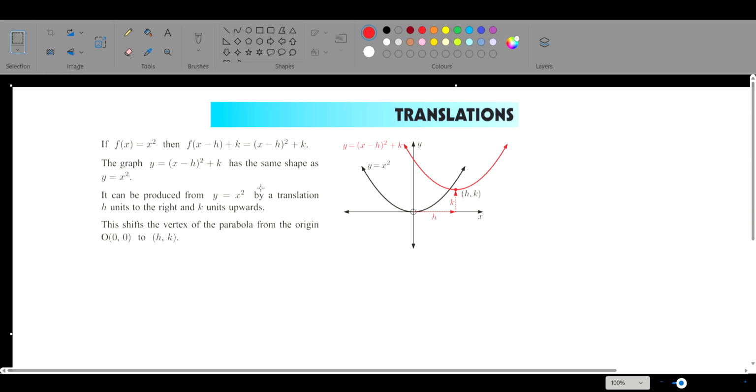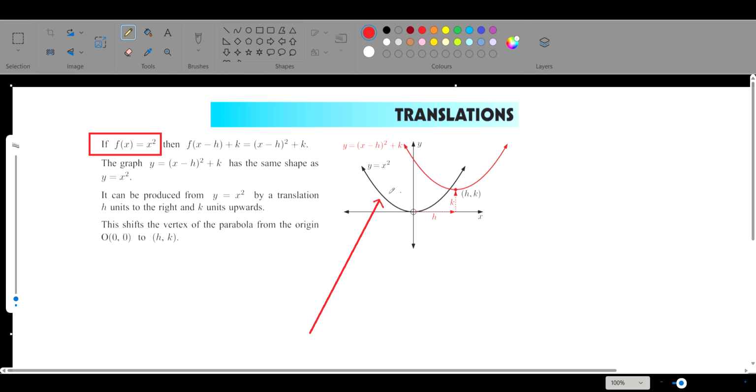Translation can happen both ways, one vertical, the other horizontal. The function we have given here is x square. This is my x square function, y is equal to x square.